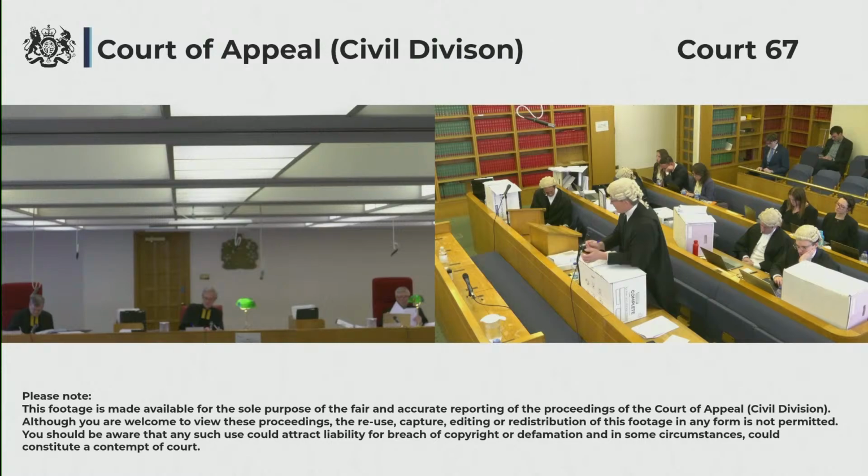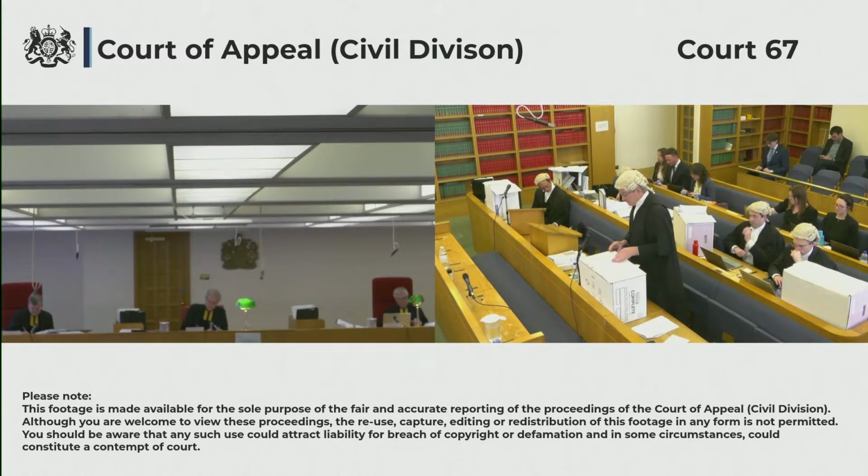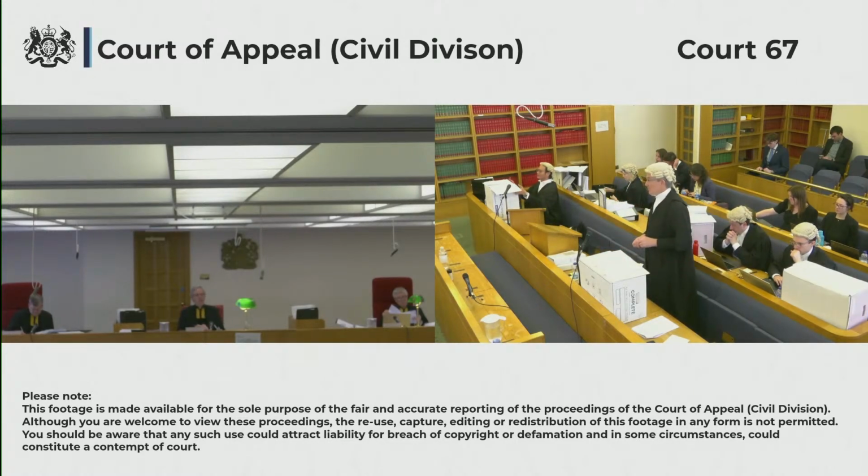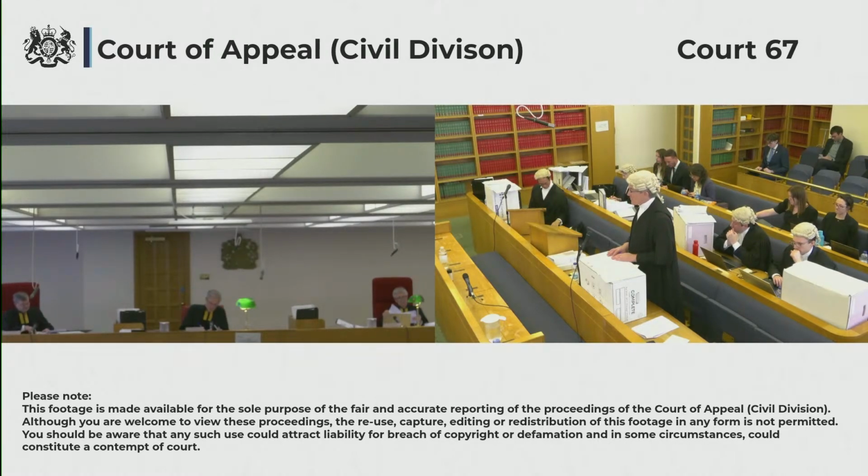And grounds 4 and 5 are a challenge to that exercise of discretion by the judge. And because they're challenging an exercise of discretion, the claimants need to show that the judge's conclusion was clearly wrong, that she exceeded the ambit within which reasonable disagreement is possible. And in our submission, grounds 4 and 5 do not come close to discharging that heavy burden. The exercise of her discretion was, in our submission, unimpeachable.